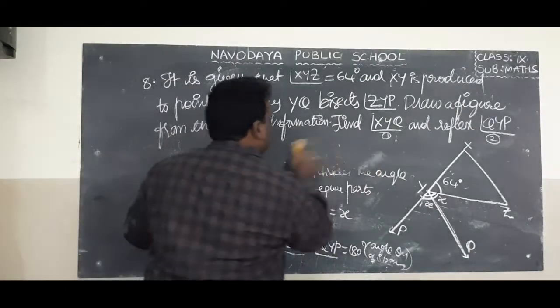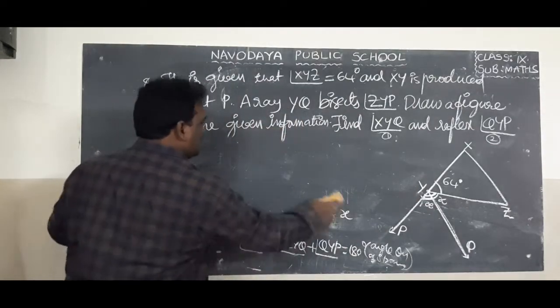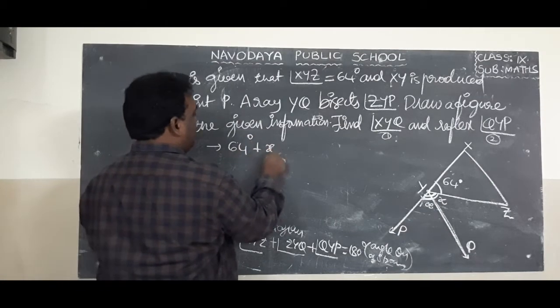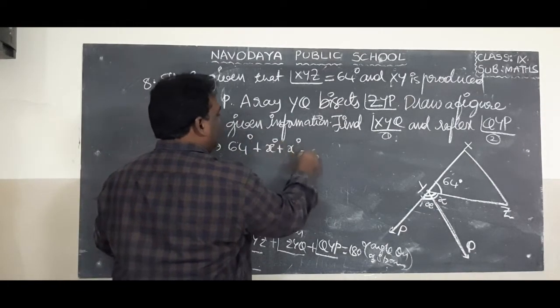Then substitute the angles. 64 plus x plus x equal to 180.